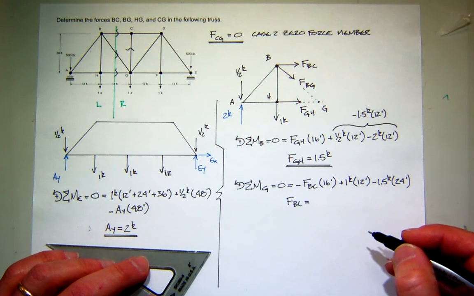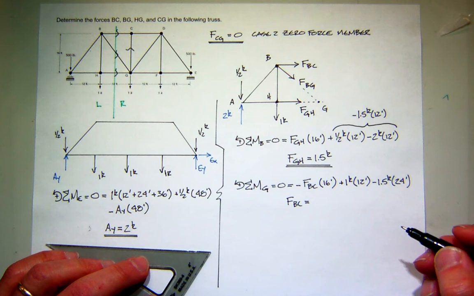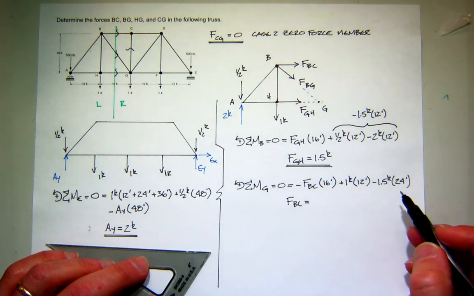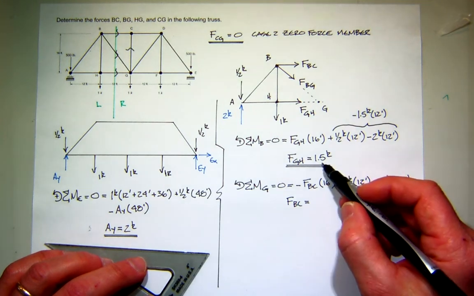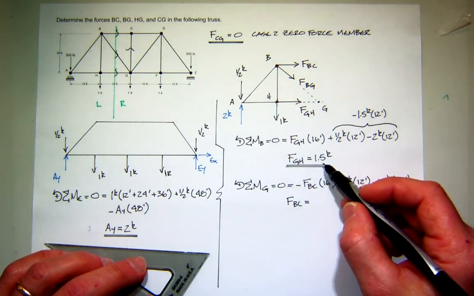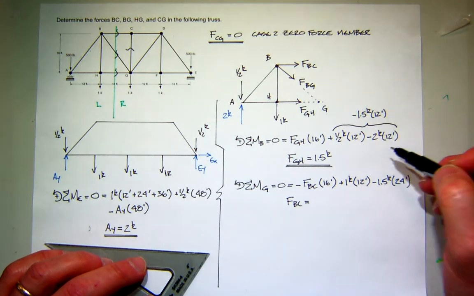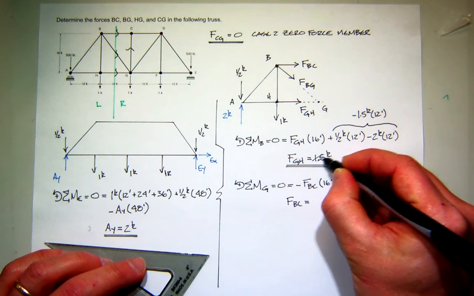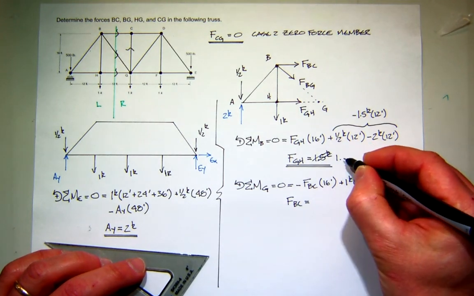Dr. Camp? Yes? Force GH, the 1.5 times 12, that's 18, and then you divide it by 16. The one before? Yeah, so it should be 1.125. Oh, you're right. This should have been 18 divided by... I said 24. I just looked at this piece. Thank you. So it should be what, Mr. Gargas? 1.25? 1.125.